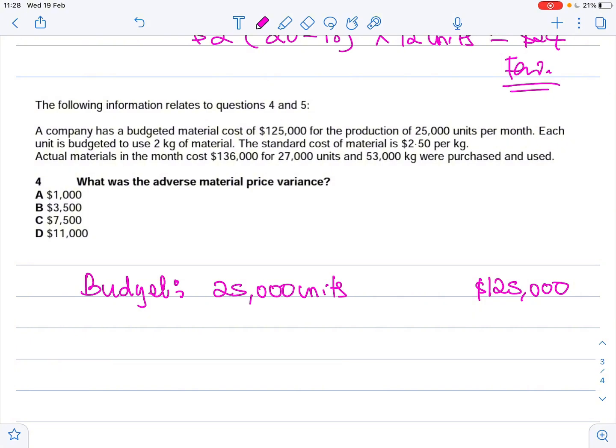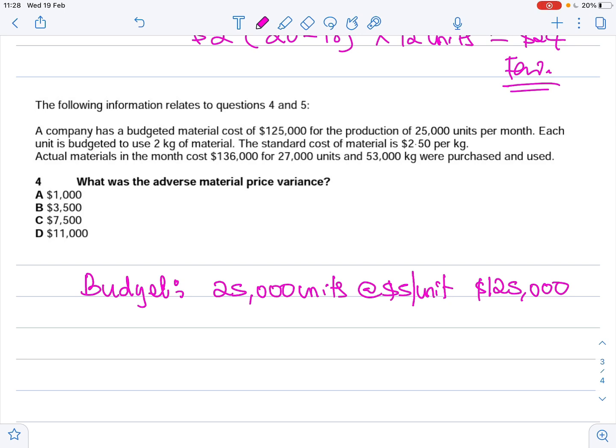What do you think will have been the cost per unit? So what you need to do now is to say that 125,000 divided by 25,000 units, and that's going to give us 5. So meaning that the company planned to pay $5 per unit.